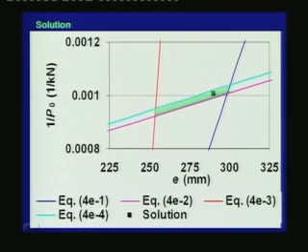Hence, the design values are appropriate, and we have selected a substantially large value of E, rounding it off to 290 millimeters, which gives quite a high value of 1 by P0 or a low value of P0, and hence this will make the prestressing more economical.